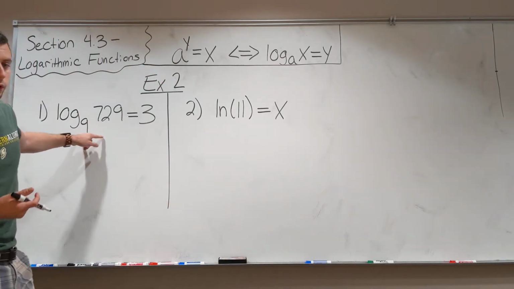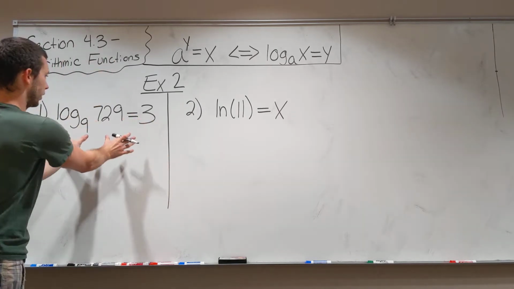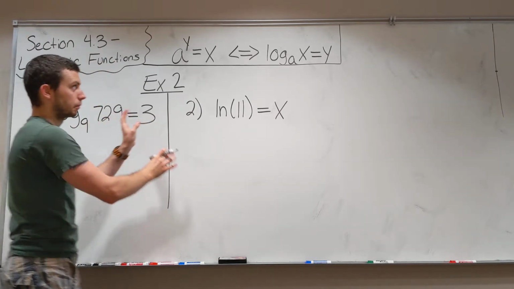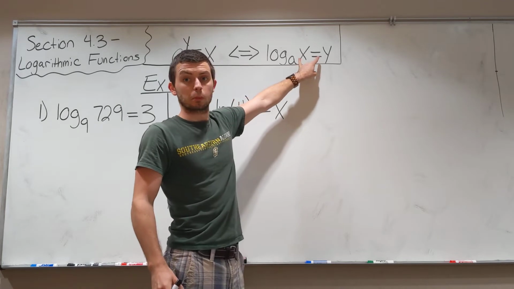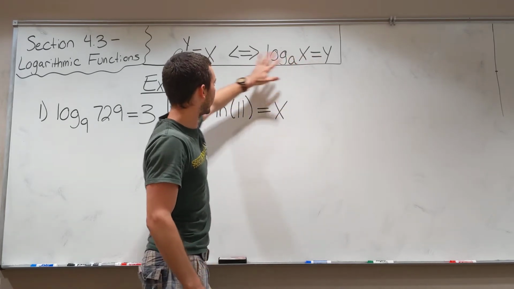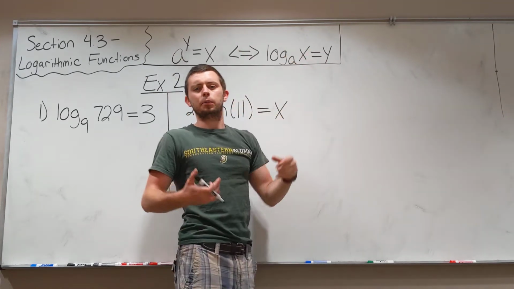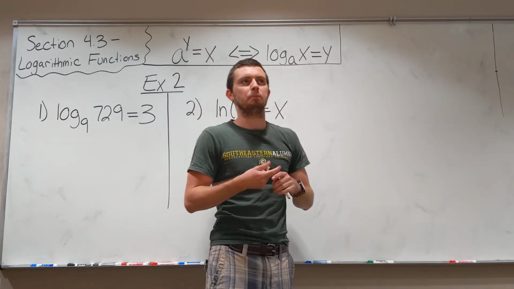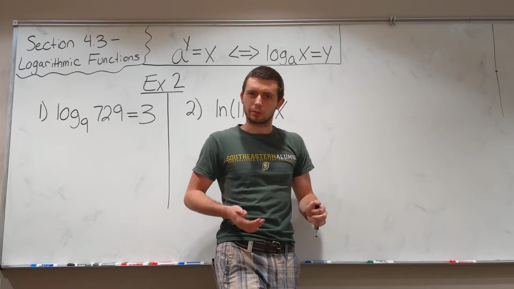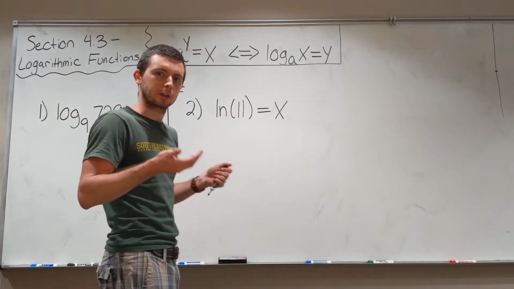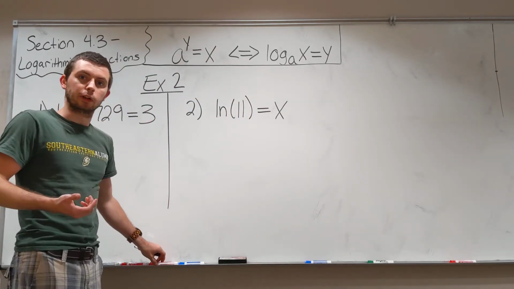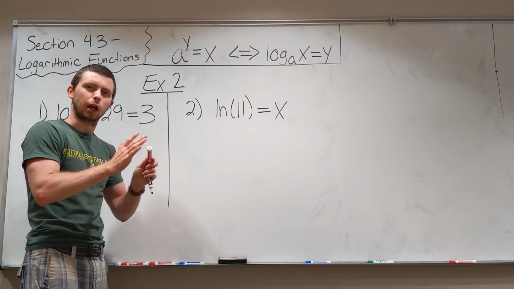What you could do is make sure that your logarithmic function matches the form over here, and you can go ahead and match everything accordingly. What I'm going to show you is a method I've seen high school students use, and I think it's a good mnemonic way of remembering how everything's organized.